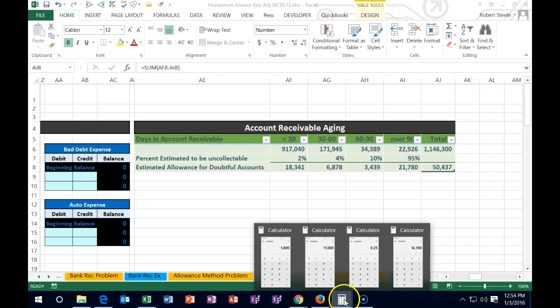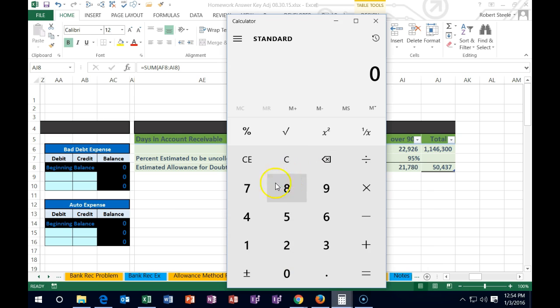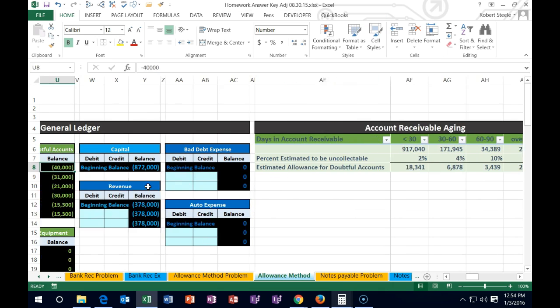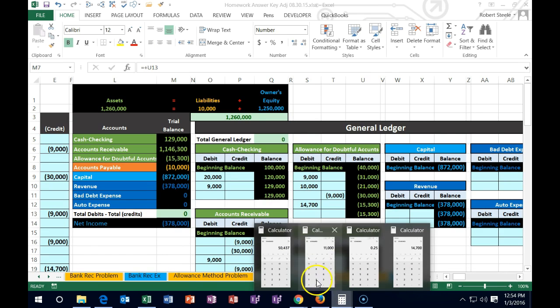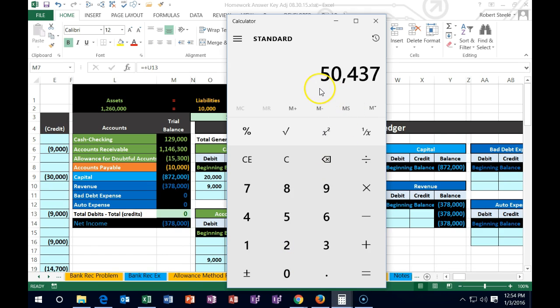So we think that's what the uncollectible account should be, 50,437. And if we scroll over here and see what we have in it right now, we have 15.3 of a credit. We want it to be 50,437. Therefore, I'm going to subtract that, minus 15.3.